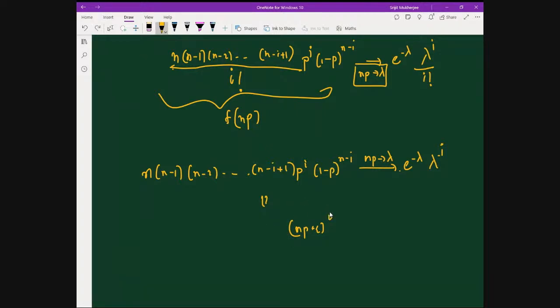I don't know, let's check it out. We need np. How many terms are there? There are i terms for n. There are i terms, and p is to the power i, so we can distribute the p also.